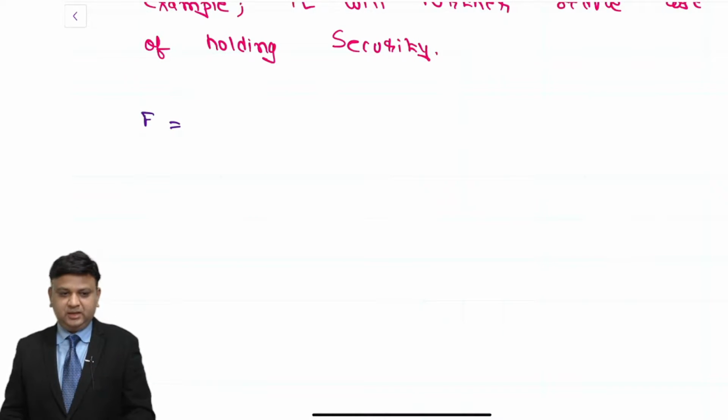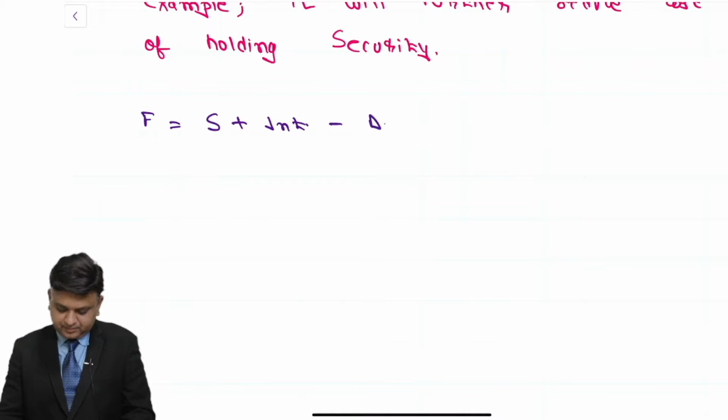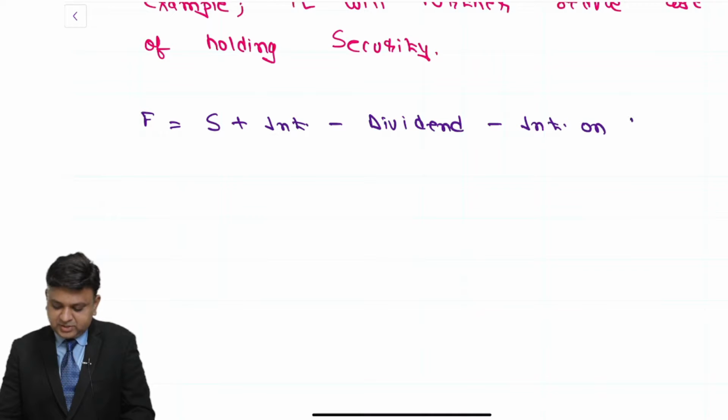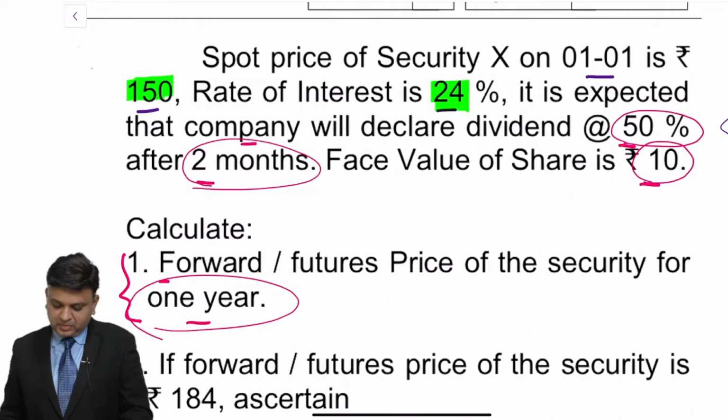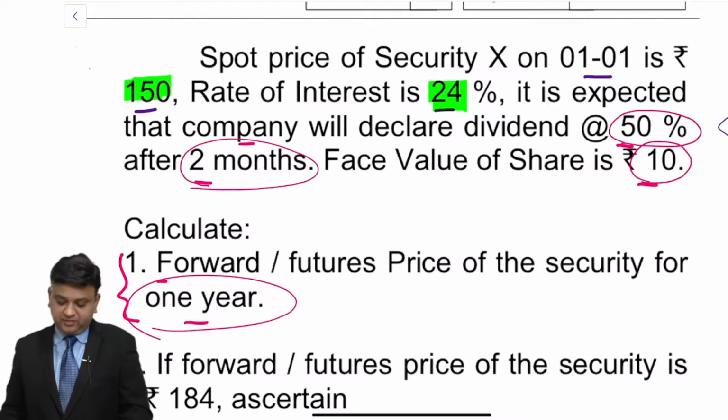So the formula that we have to modify to some extent: spot plus interest minus dividend minus interest on dividend. What is the spot price? It is 150.